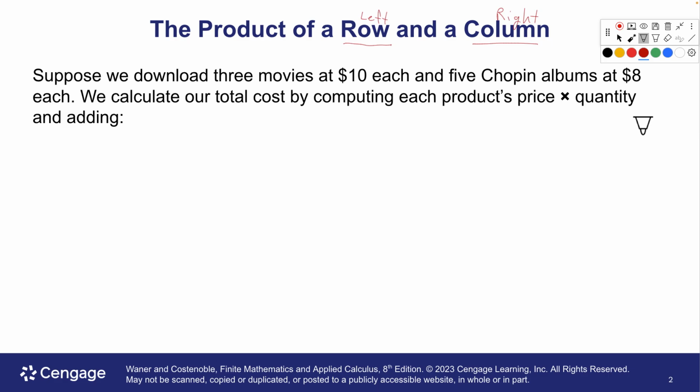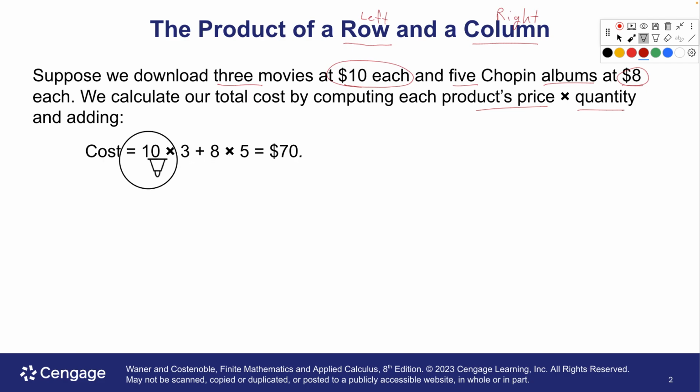So one example is we maybe go online and download 3 movies and they cost $10 each. We're going to buy 5 albums from Chopin at $8 each. And we could calculate the total spent by taking price times quantity for each item and then adding them.